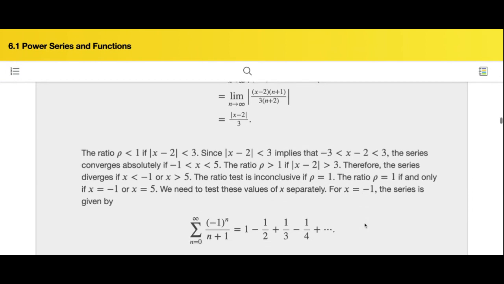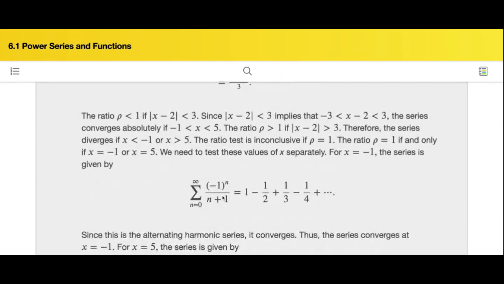So for x equals negative 1, the series becomes negative 1 raised to n over n plus 1. And look at this. This is exactly the alternating harmonic series, because n starts from 0. So the first term is 1, the second term is negative half.